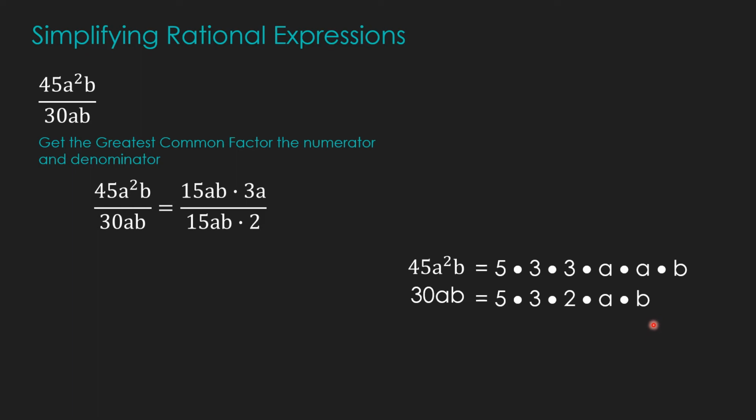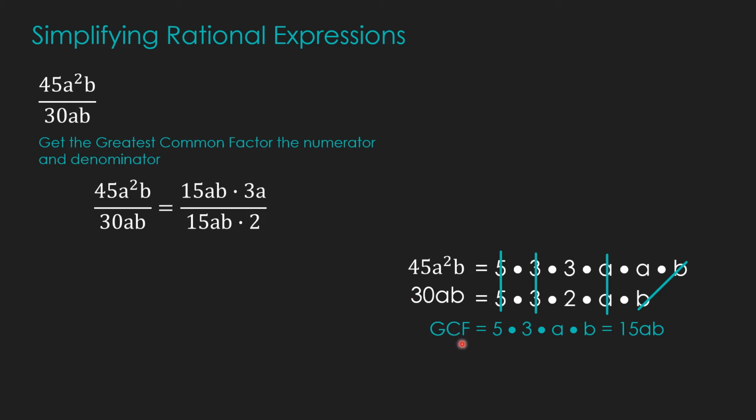And of course, the next step is actually to identify all of the common factors. Now, for this one, 5, 3, a, and b are the common factors. And that means our GCF here would be 5 times 3 times a times b, and that is equals to 15ab. So, kung makita na ninyo diha, naa tay 15ab, and naa pud tay 15ab, kay mao ni siya ang greatest common factor sa ilahang duha.